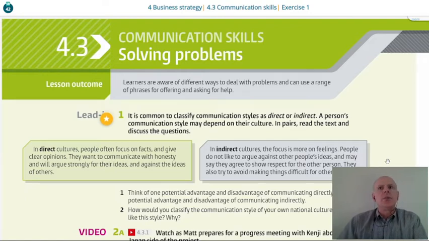What culture would you say that the stereotype is like this kind of indirect treatment and exposition of differences? Think of one potential advantage and disadvantage of communicating directly, and one potential advantage and disadvantage of communicating indirectly.